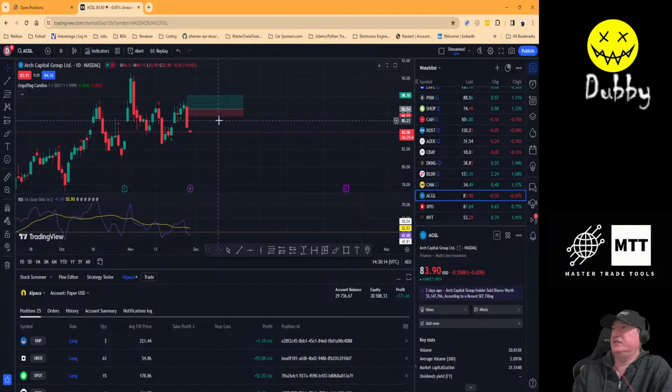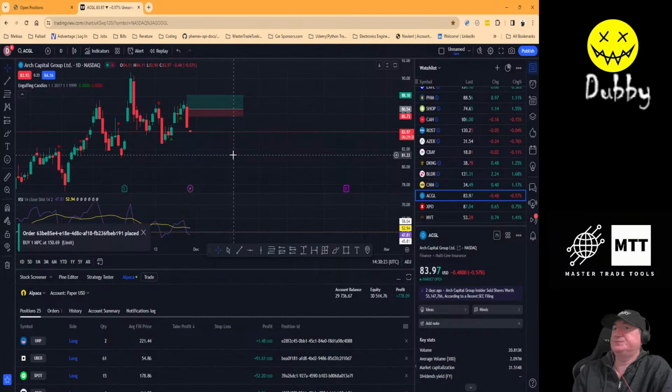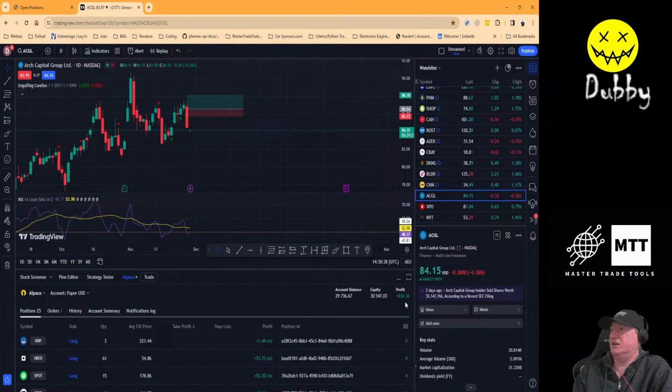Obviously, it's going to continue its bearish direction, especially given how much volume is behind that candle. And it looks like the algorithm, the trading app, placed another order. Oh, wow, we're in profit of $800. Wow, man.